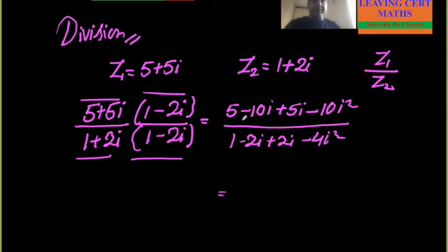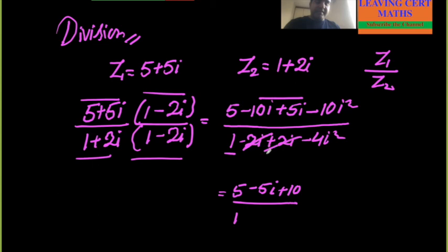So let's simplify this. This is 5. This will give you minus 5i, and i squared is minus 1, so minus 10i squared is plus 10. Now see this one, the middle terms cancel. Always remember that they will definitely cancel.